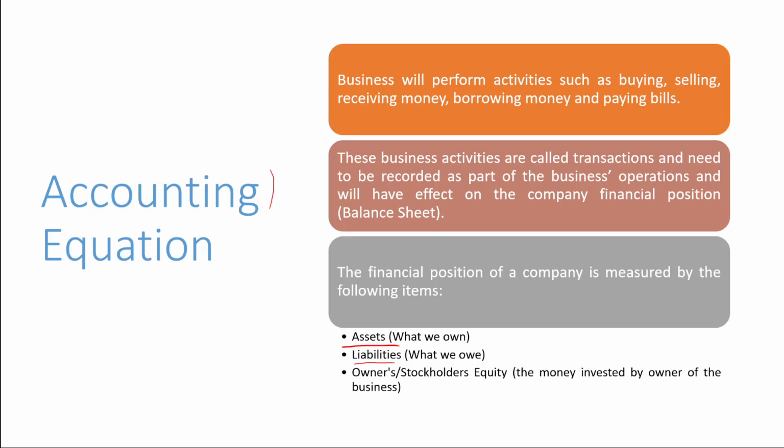There are situations where the owner can borrow money from a financial institution and start up a business. When the business starts making profit, that profit becomes the owner's interest in the business, the reason why the business was started in the first place. So it will be allocated in the owner's equity.